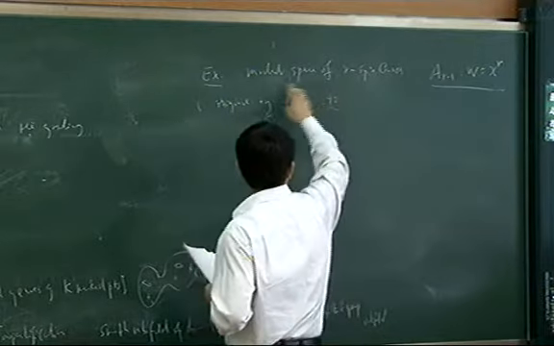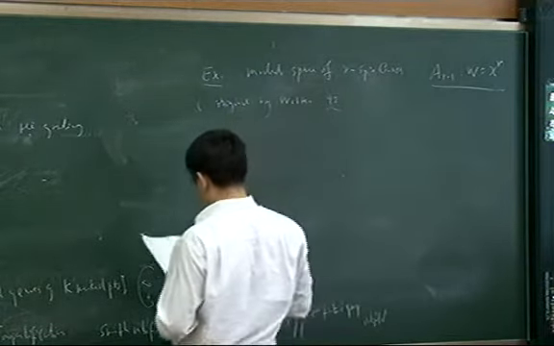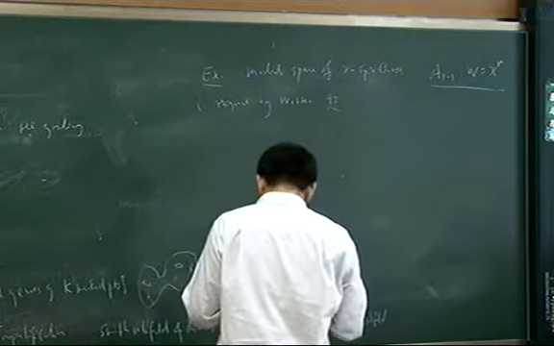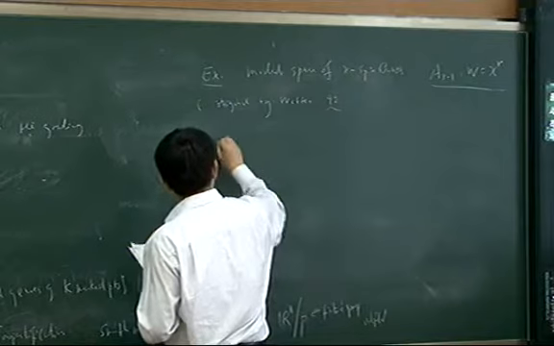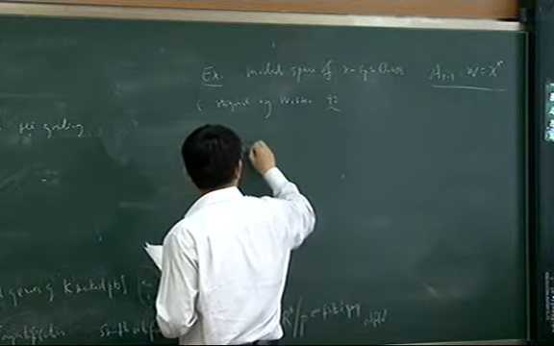So what is the element in this moduli space? The element is the isomorphism class of r-spin curves. So what are r-spin curves?